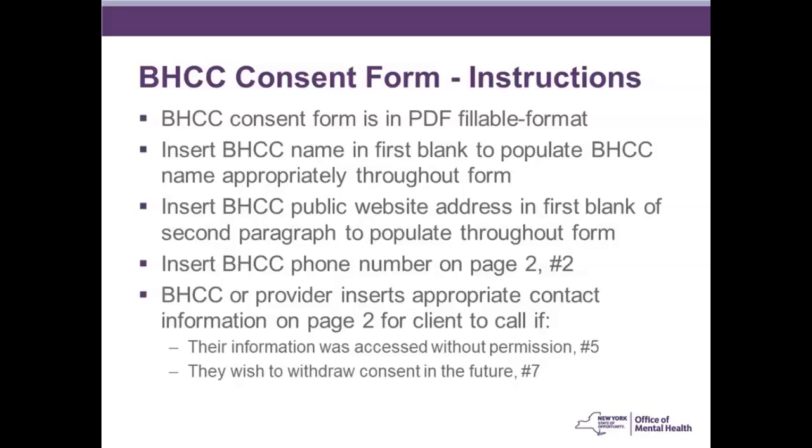And number 7, if they decide they want to withdraw their consent from the BHCC in the future, who should they call? You can decide if that number will be best as the BHCC or the actual provider who's requesting this consent. So you just want to figure out the best phone number and put that on page 2, number 5 and number 7.